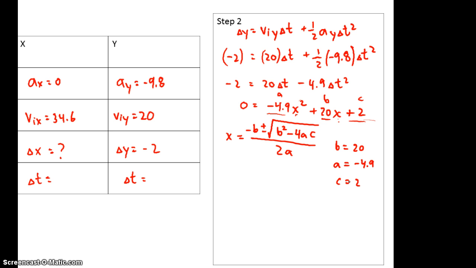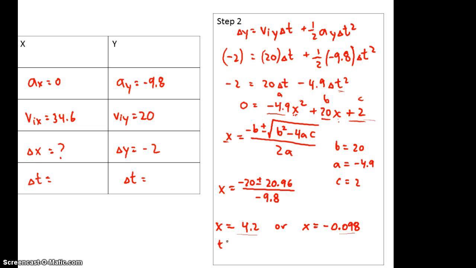Try that and check your answer with what I get. You plug your values into the quadratic formula, and you should get 2 answers because there's a plus or minus here. The first one is 4.2. The second one is negative 0.098. Now remember, this x represents the time that it takes to hit the water. So we've got to really understand what these 2 values mean.